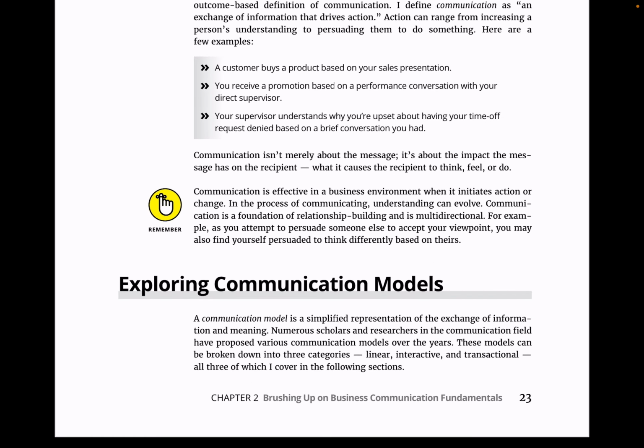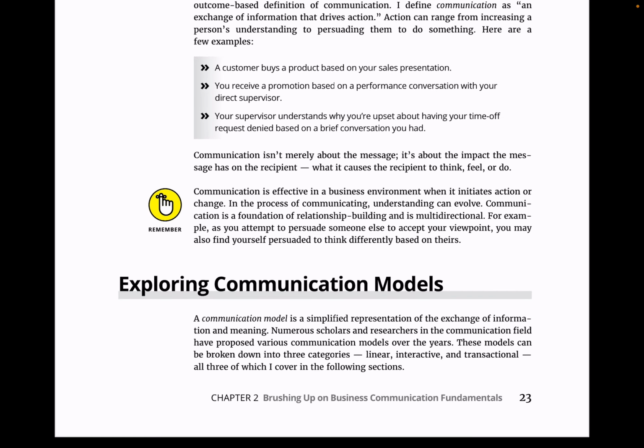The earliest and simplest communication models are linear. According to these models, communication flows in one direction and involves only four elements. The first element is the sender, the person who sends the message. The second element is the message, or the information being conveyed.